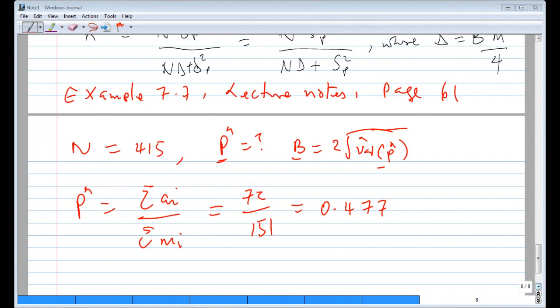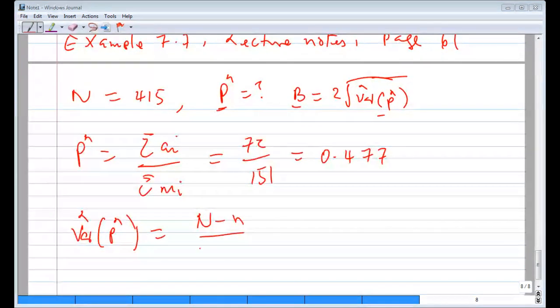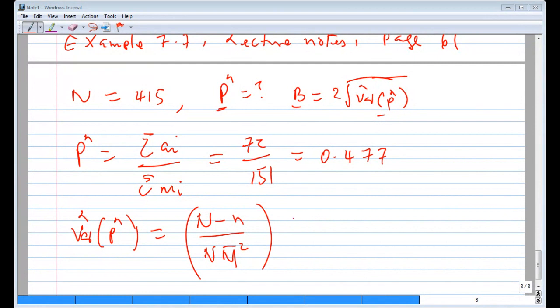So that's it. Then you have to find the estimated variance of that estimator, which is given by (N minus n) over N times M bar squared, then multiplied by s_p squared over n.